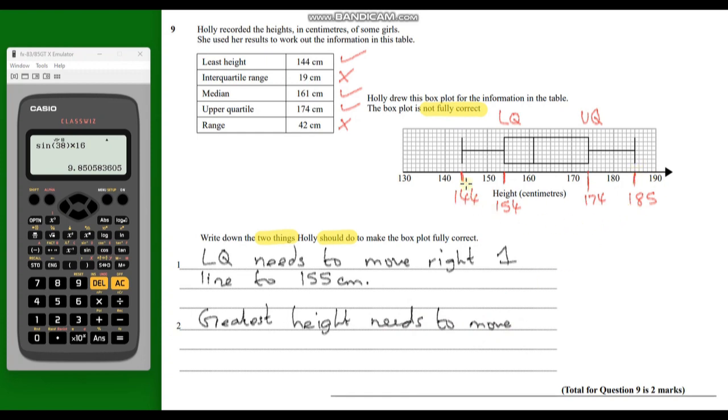Well, at the moment, the range is 41. It needs to be 42, so it also needs to move to the right. It needs to move to the right, and that's by one space, or one line, to 186 centimetres. And those are our two things. So just be careful. You're not just saying what's wrong with it. For this question, you have to say what she should do to make it correct.